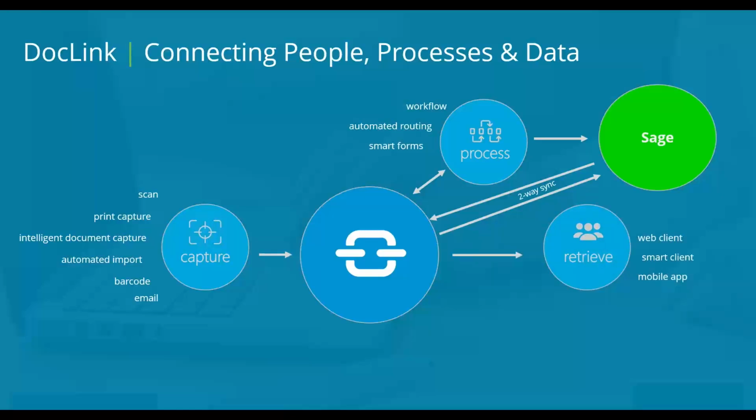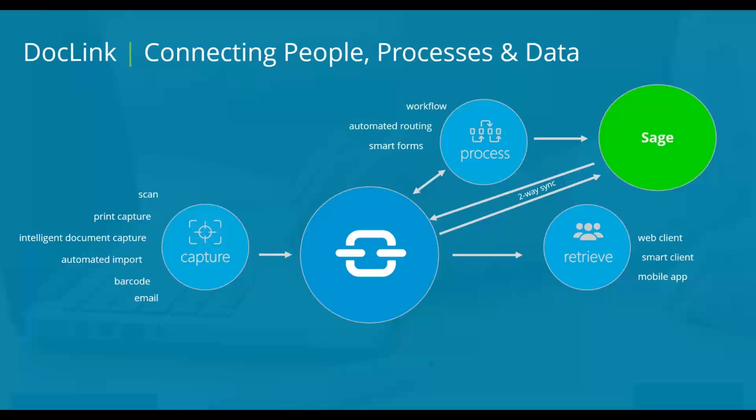As I mentioned, we do have the retrieval capabilities. We can retrieve directly from your Sage environment, but we also have the ability to retrieve documents and the information that is on them directly from within DocLink. And this is a very important point because there are many potential users within your company who will need access to documents.